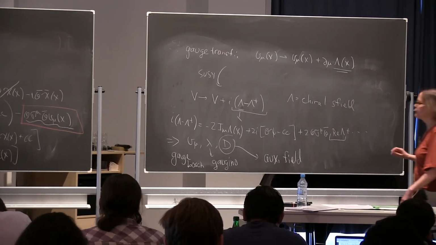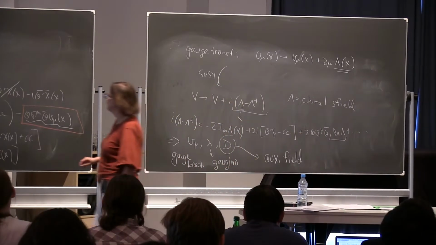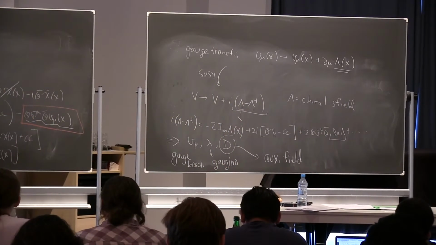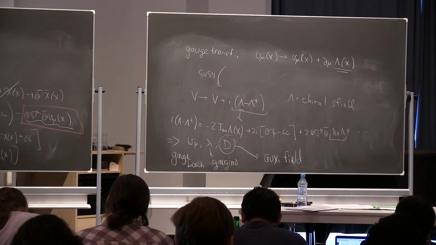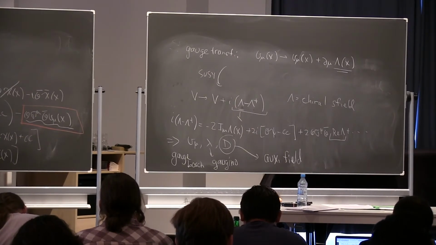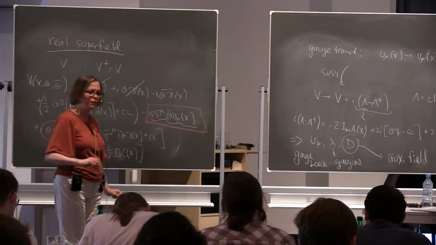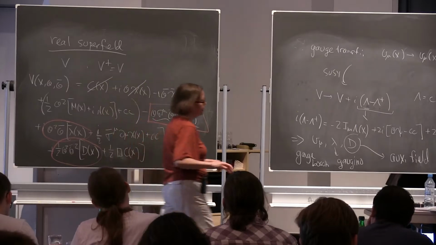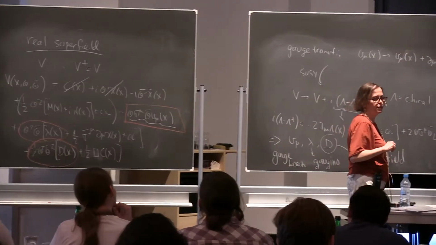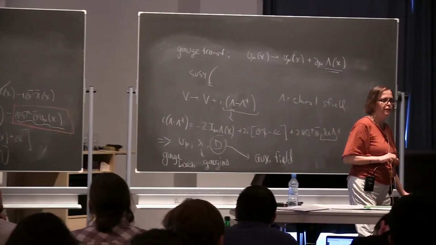And you'll notice that the auxiliary field, D, is the thing that multiplies the theta squared, theta bar squared part of the superfield. So that's again a highest component field. It's the highest component field, and it's an auxiliary field, just like we had for the chiral superfield.